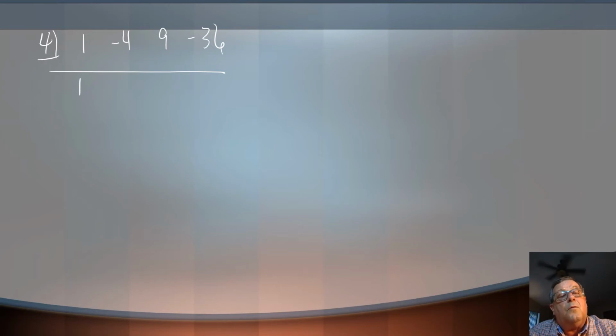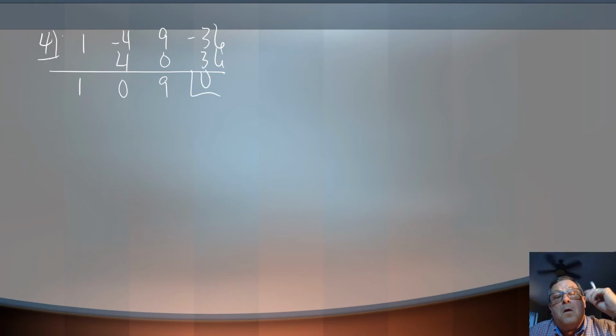We're going to bring down the 1. All right, 4 times 1 is 4. -4 plus 4 is 0. 4 times 0 is 0. 9 plus 0 is 9. 4 times 9 is 36. And shazam, we got another 0 remainder.